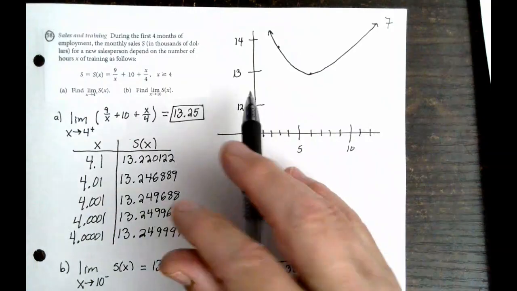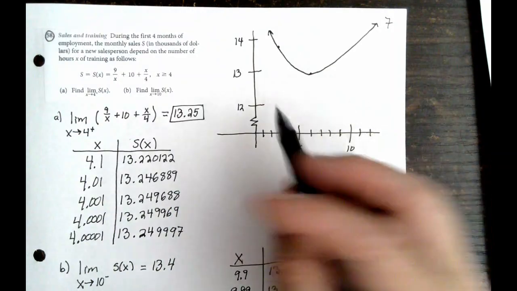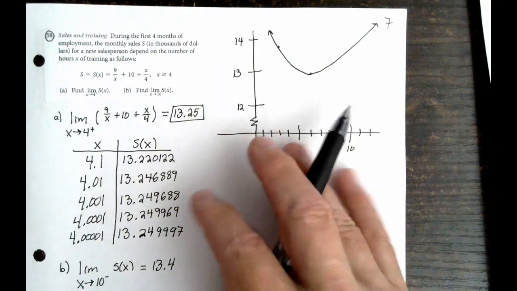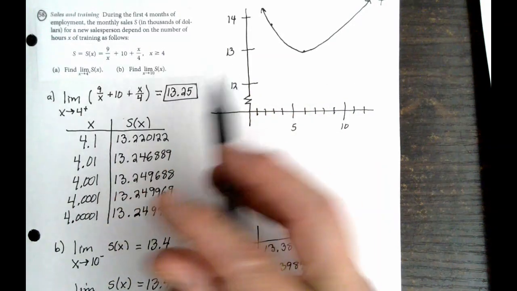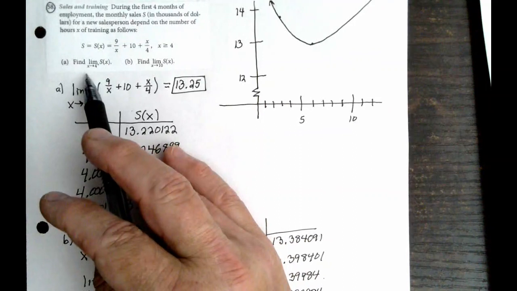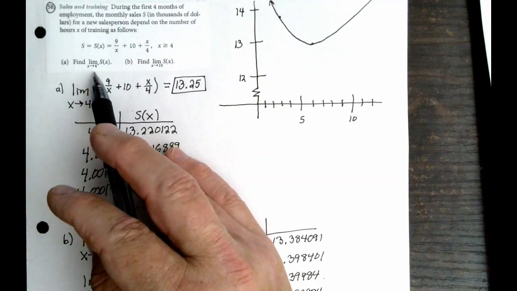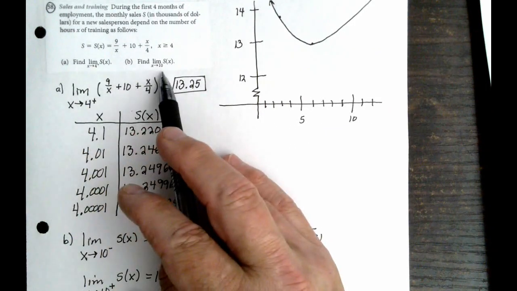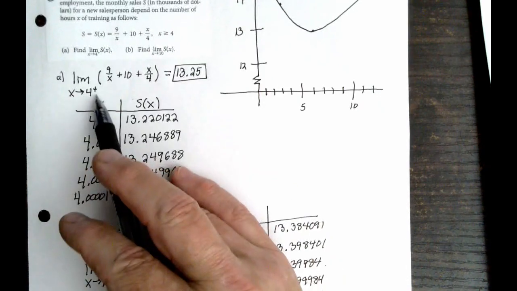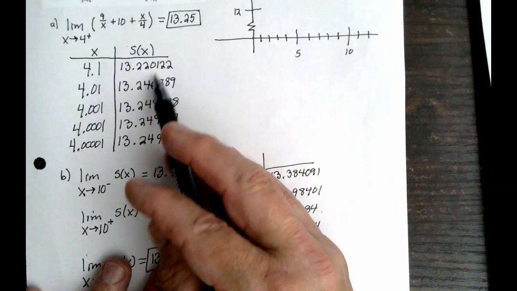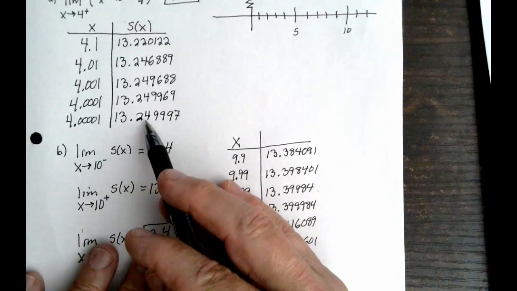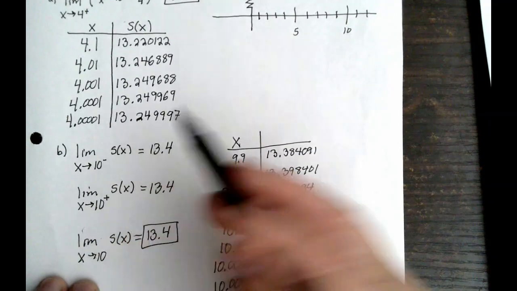And this one says they're talking about the monthly sales for a new person depending on the number of hours of training. And so they're asking you to find the limit as x approaches 4 from the right. The limit of 4 from the right is greater than 4, but you're getting infinitely closer to 4, and you look like you're approaching 13.25.